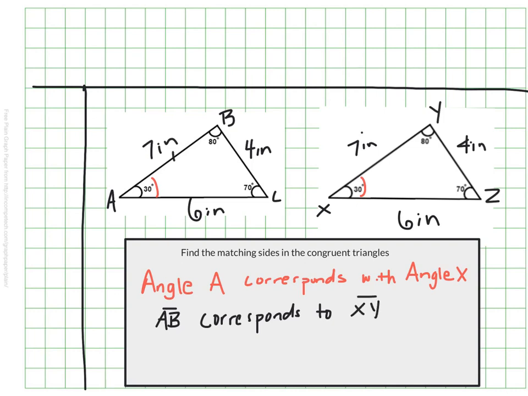And I can mark that with those tick marks if you remember, right? Those mean that they match up together. Those are corresponding sides. And you could keep going. You could say, AC corresponds to XZ, and BC, I'm going to use a different sign for each one of these, corresponds to YZ.